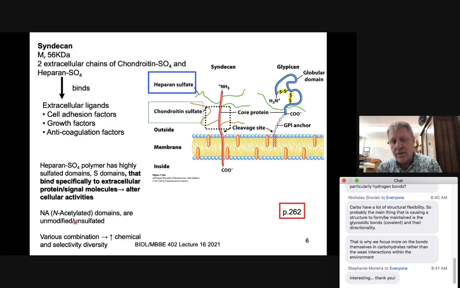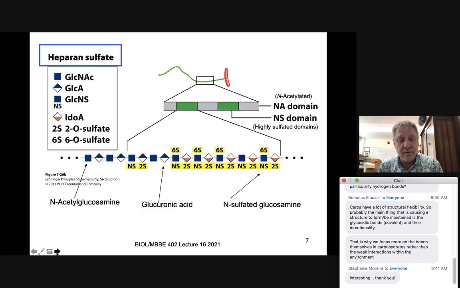These are not modified, or they're unsulfonated, and they can become like a combinational key, in regards to how many unsulfonated NA domains you have compared to how many sulfonated domains. That combinational key, that spacing component, becomes very vital in how molecules bind to those particular branches.